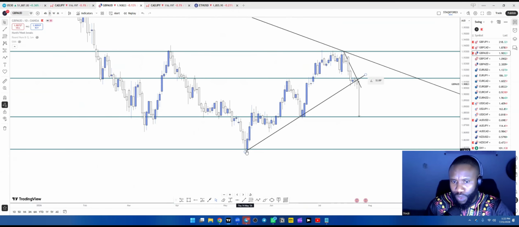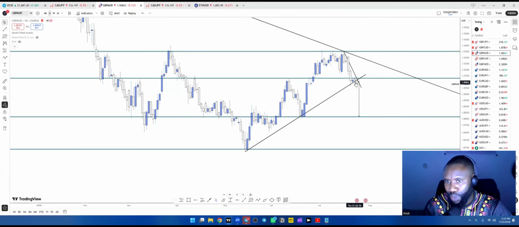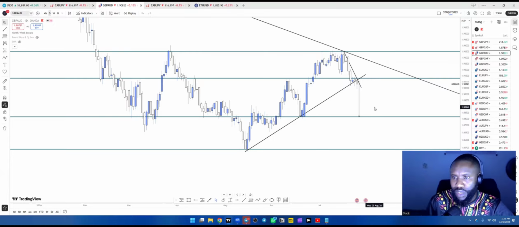Unfortunately, price held here and pushed to the upside, broke, retested, and pushed again to the upside, broke this resistance level, turned into support, but unfortunately price broke below. As long as price broke below, it will only retest this level before dropping to this level. Once price gets to this level, we'll see what is going to happen next.